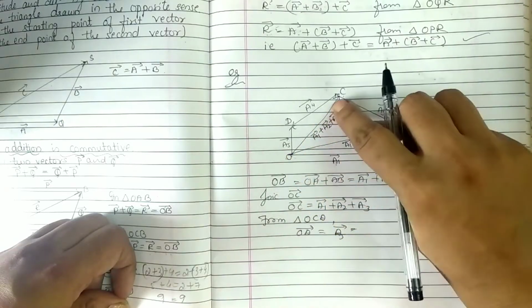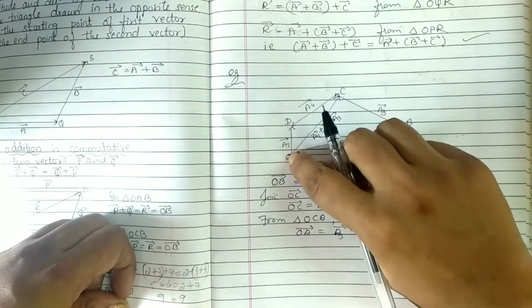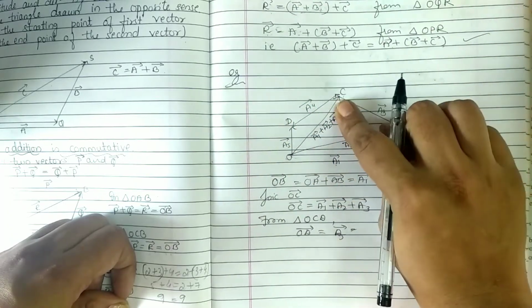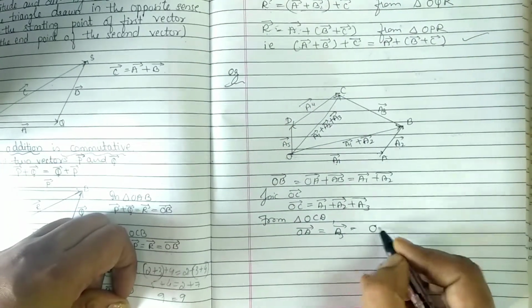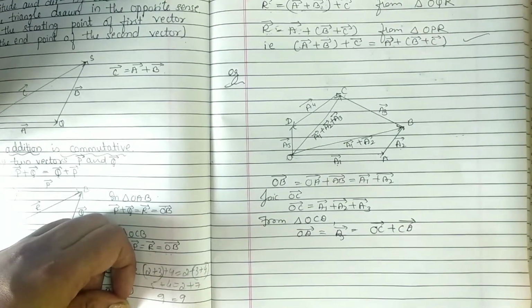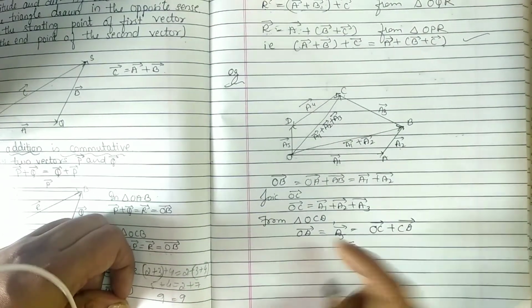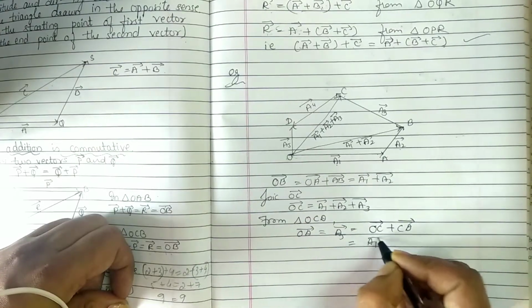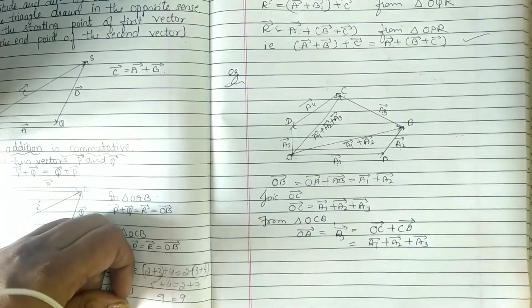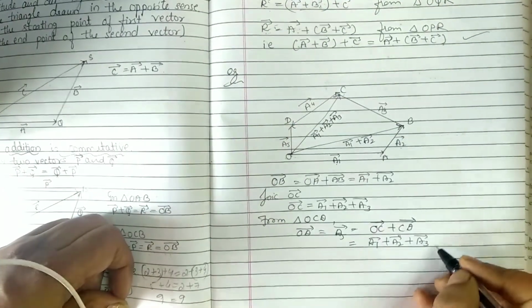See the order: OC plus CD gives you OD. So OD is the resultant of OC plus CD, if you see the arrowhead over here. So can I write this as OC plus CD? Once you put it, what is your OC? A1 plus A2 plus A3. And what is your CD? That is plus A4.